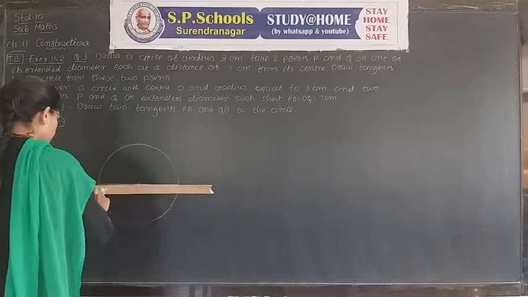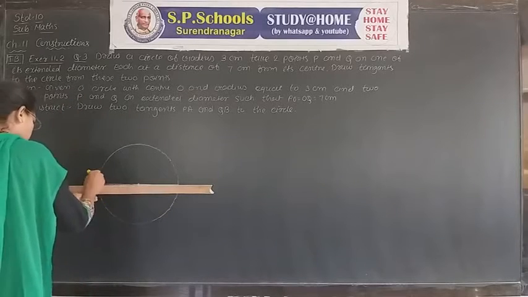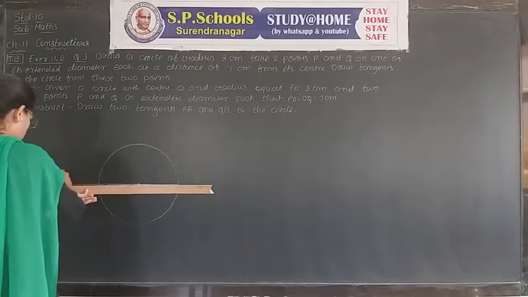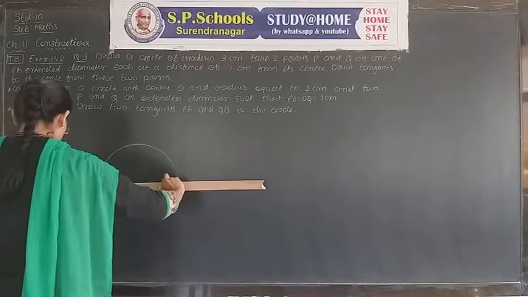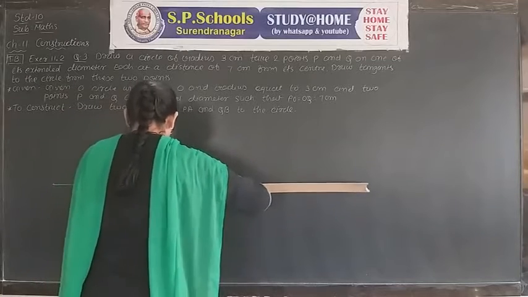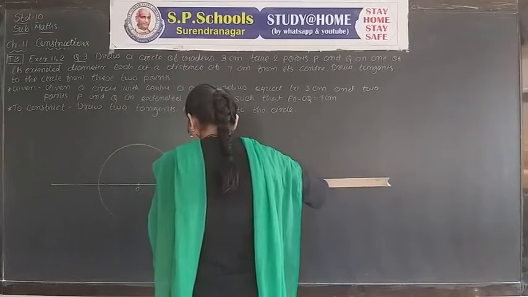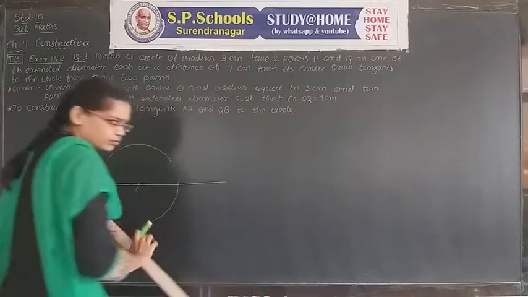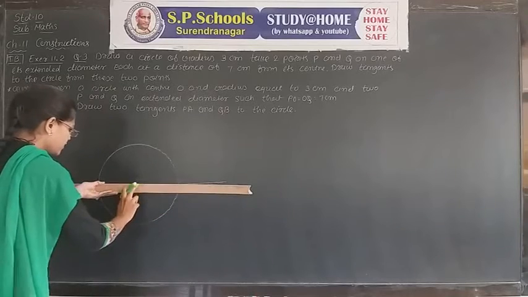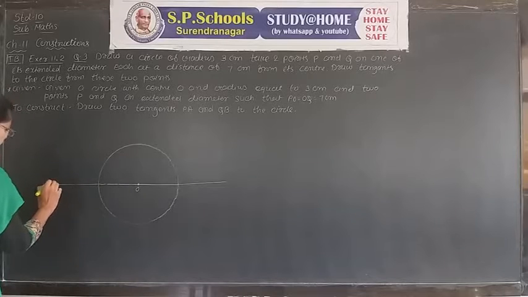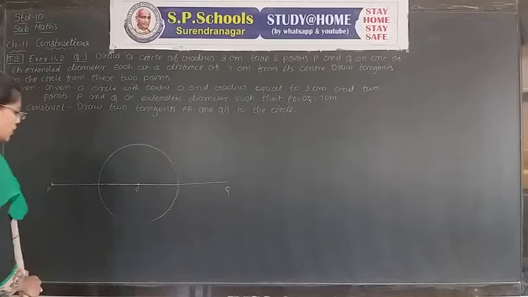We have to take 7 cm from the center here. 1, 2, 3. 3 cm is the radius. Then draw a 4 cm line segment, and again here is a 4 cm line segment. But you have to put 7 cm in the middle, then draw a line of total 14 cm. The 2 points: one is P and the second point is Q here.